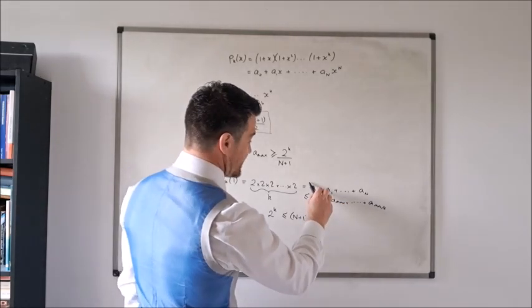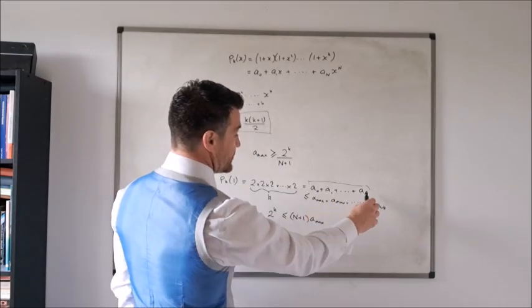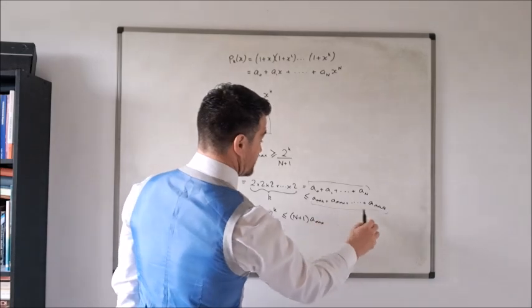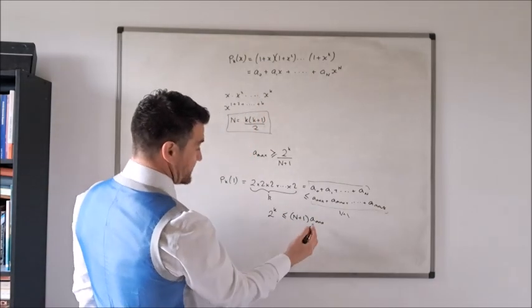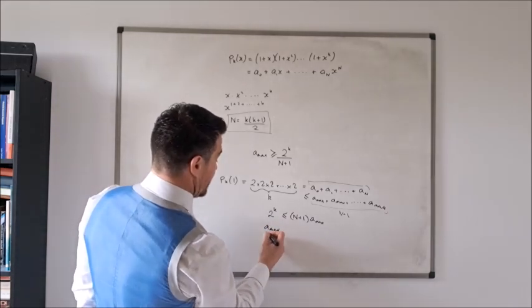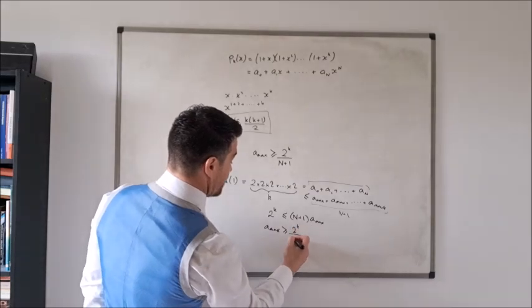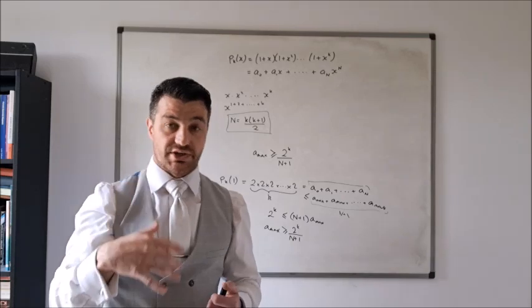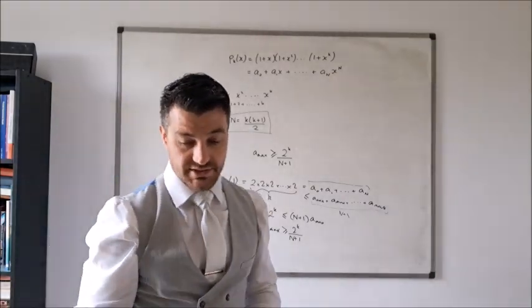So I'm replacing n plus 1 coefficients, or n plus 1 numbers here, with this number just n plus 1 times. And the inequality follows. Divide each side by n plus 1, you get a max is greater than or equal to 2 to the power of k over n plus 1. And again, that's something that we're going to need to use later in the video. I think my writing's got a bit lopsided, hasn't it?